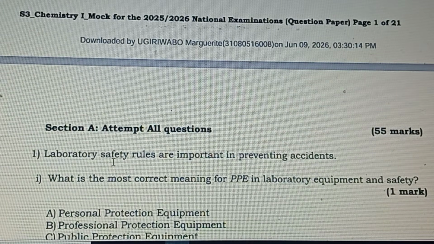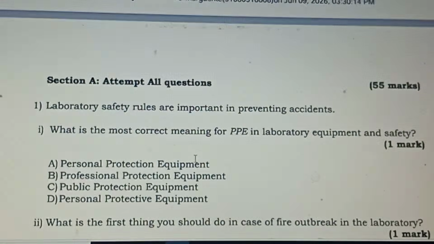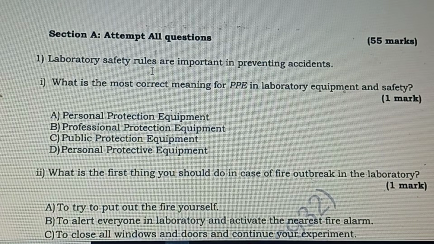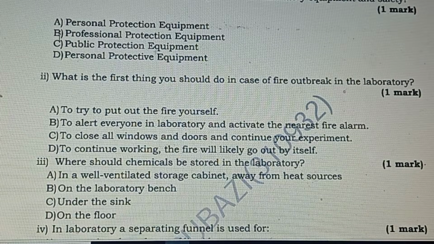Question 1. Laboratory safety rules are important in preventing accidents. What is the most correct meaning of PPE in laboratory equipment and safety? Here we have four options A, B, C, and D. The best option is letter D, personal protective equipment.